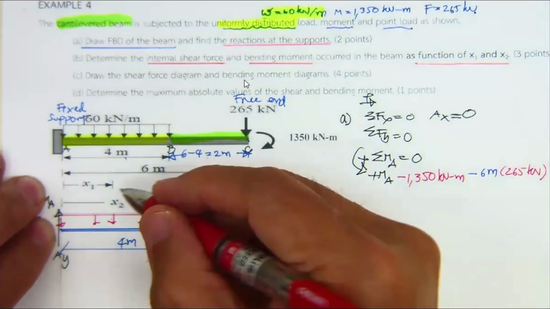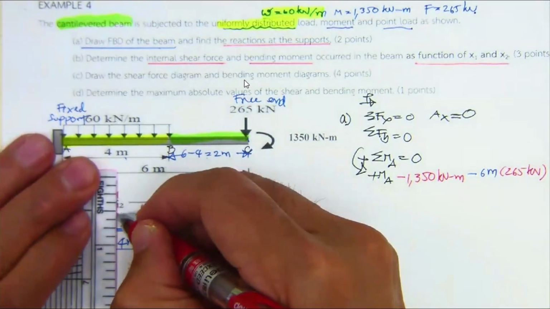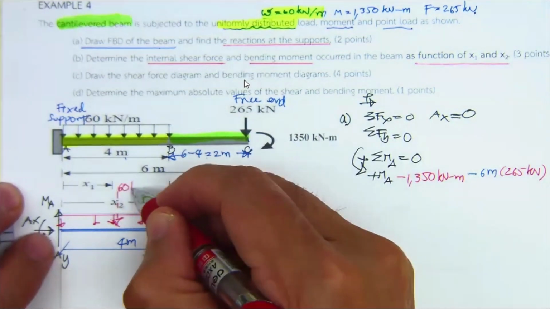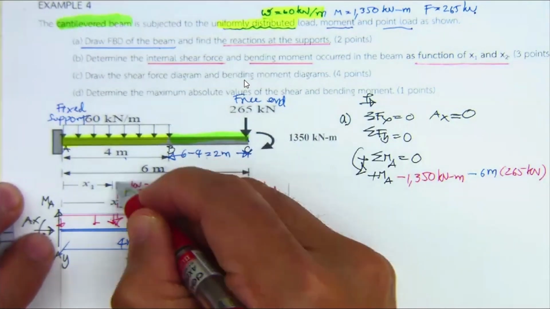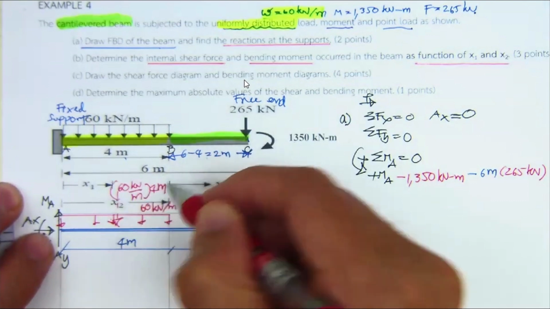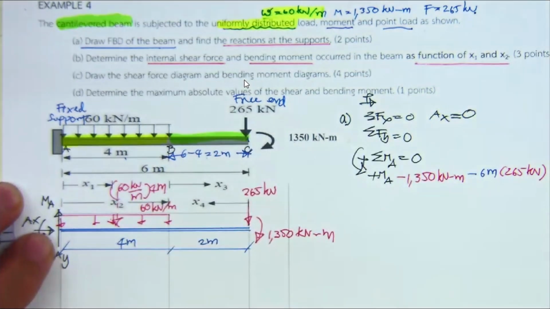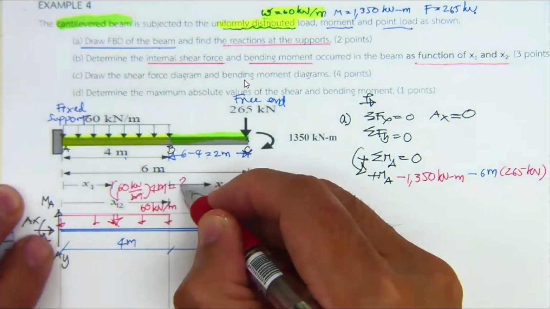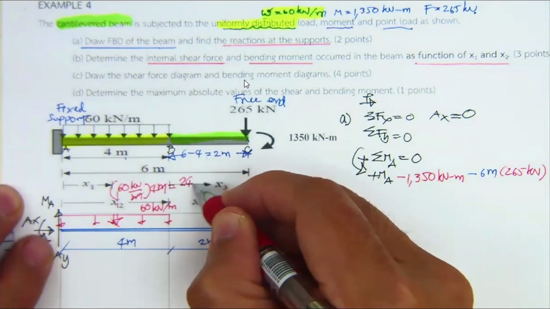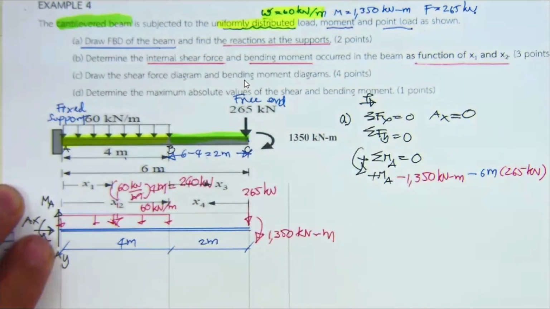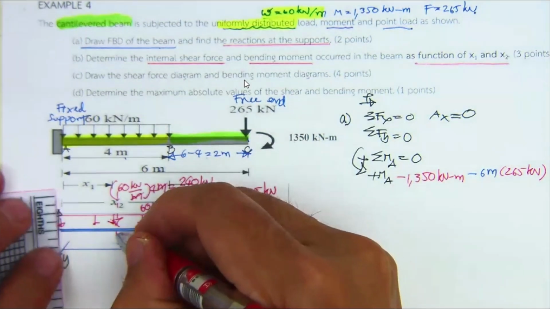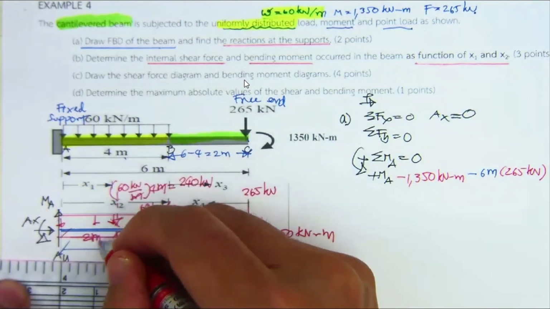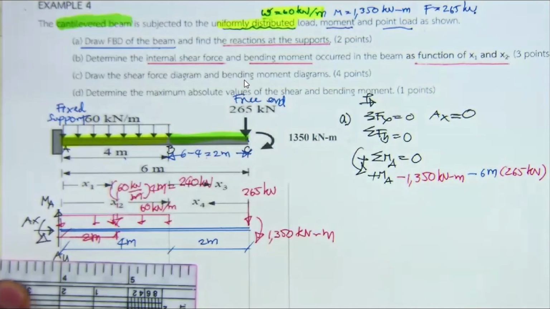And then you have this one. This is going to be 60 kilonewton per meter times 4 meter. Okay, the resultant force is going to be what? 240 kilonewton. And at what? At the middle of this one, this is going to be 2 meter, half of 4 meter.